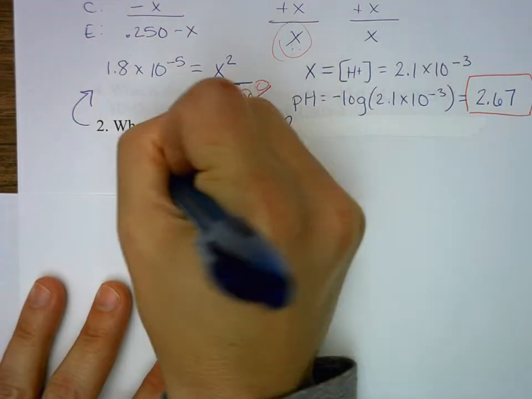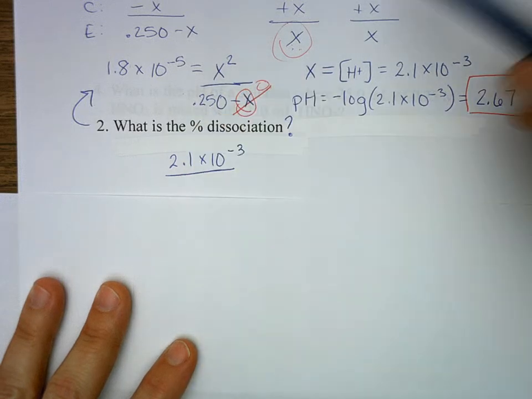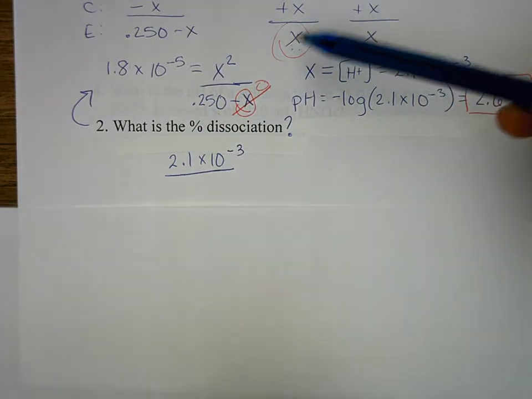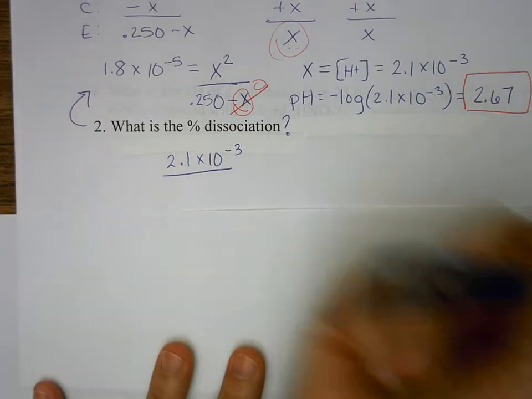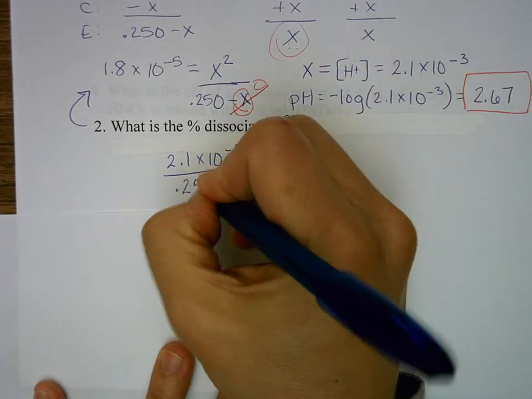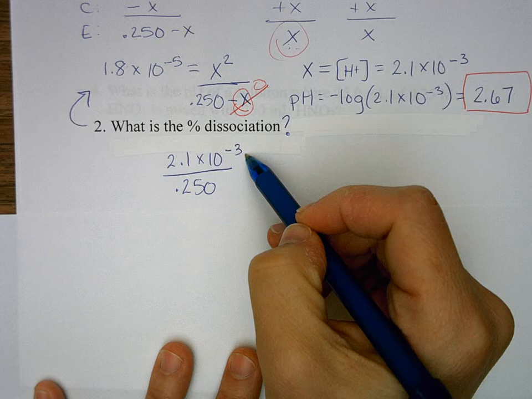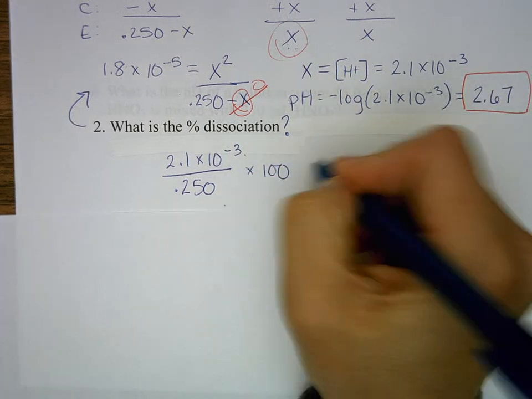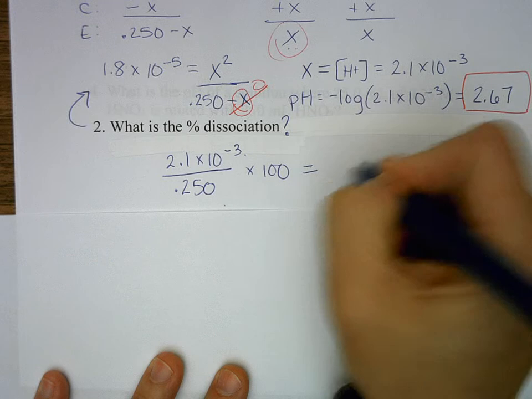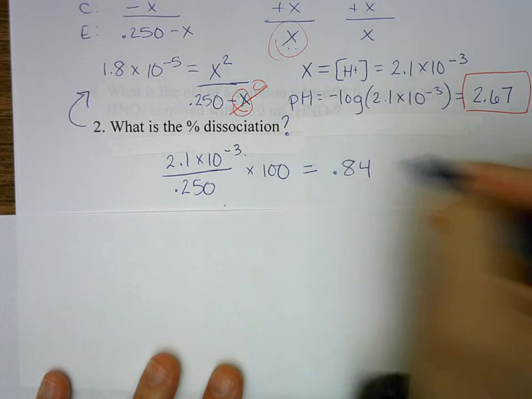And we're going to divide it by what the concentration would be if it was 100% dissociated. 100% dissociation would give me 0.250. So basically, what's your X value over what was the starting concentration? And then that'll give you a decimal that you multiply by 100, and that'll give you a percent. It's usually a very small percentage.